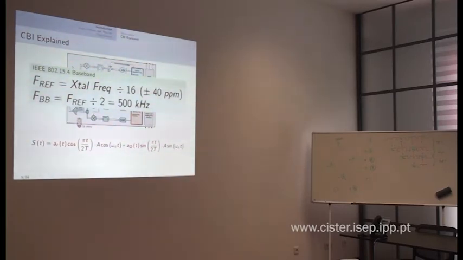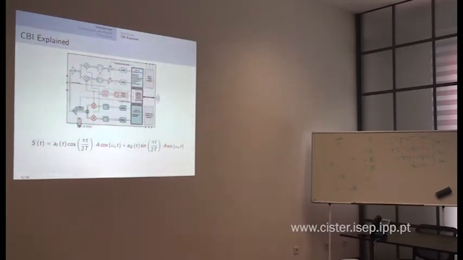So when you buy a quartz crystal, it will have a tolerance of what frequency accuracy you can expect. This one says 16 megahertz, but obviously it has some bounds in which you will find those frequencies. This is what the standard mandates, and it's perfectly fine. If you divide it, you end up with 500 kilohertz, which, by the way, will have the same accuracy. It will be 40 ppm.